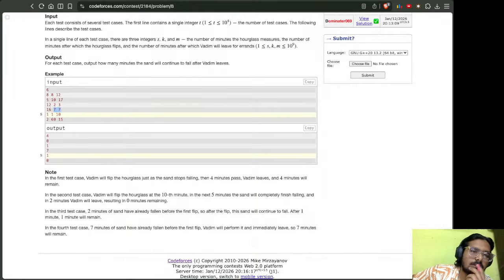In 260 and 15, we have 15 here. So if it's small, then it means before even one flip happens, we are leaving for work.